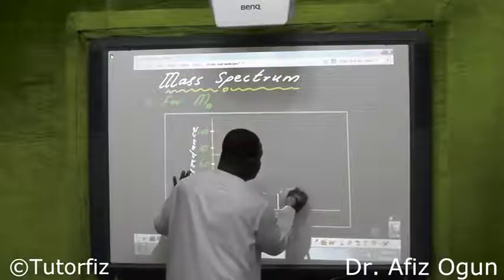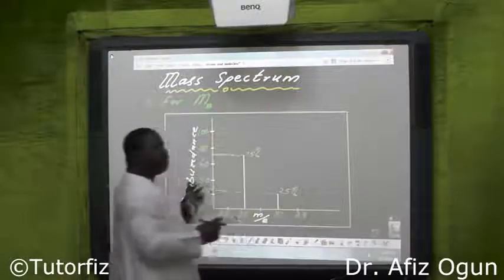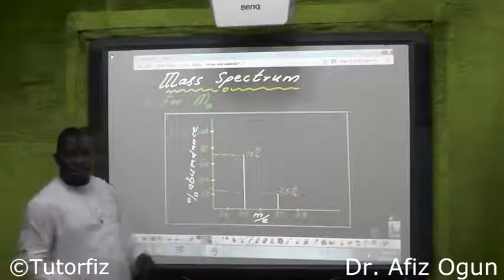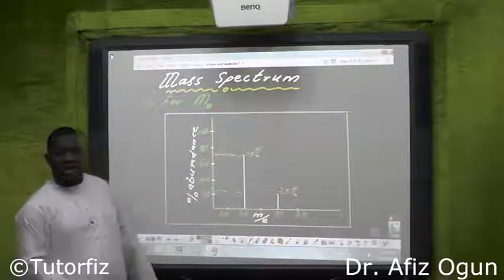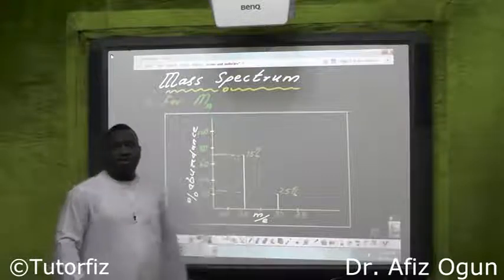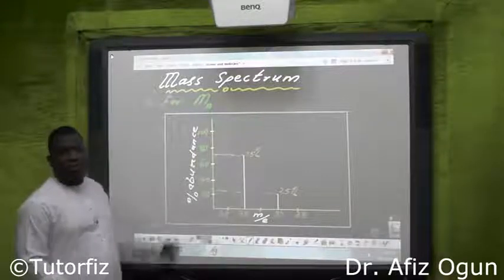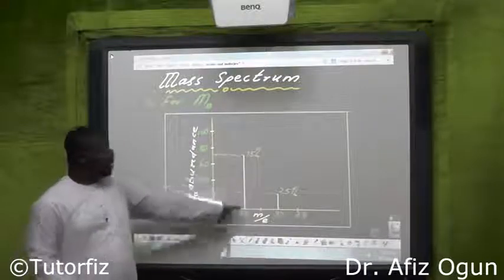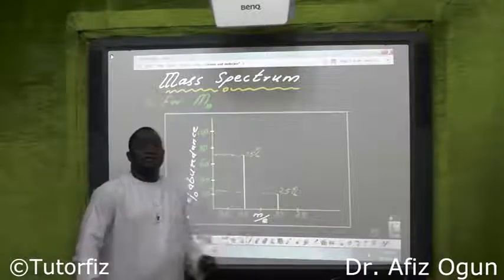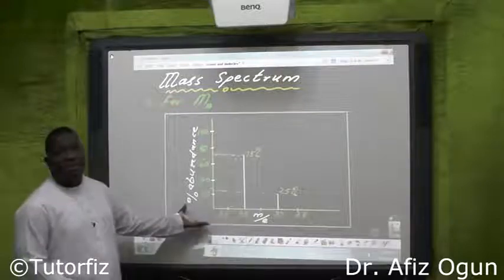So about 25% of the chlorine atoms coming from the vaporizer, passing through the bombardment chamber where ionization took place, going through the electric field where acceleration took place, going into the magnetic field where they separated into two, were detected, and this is the mass spectrum.